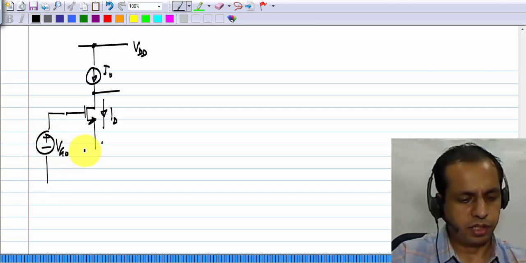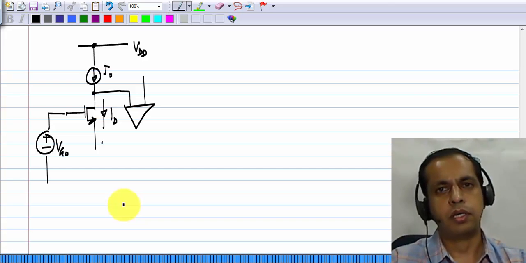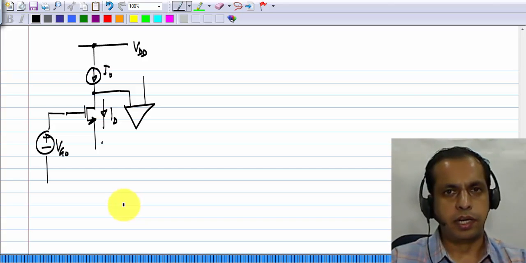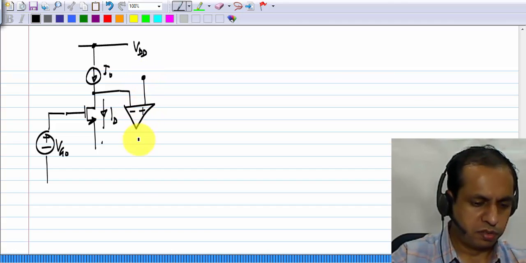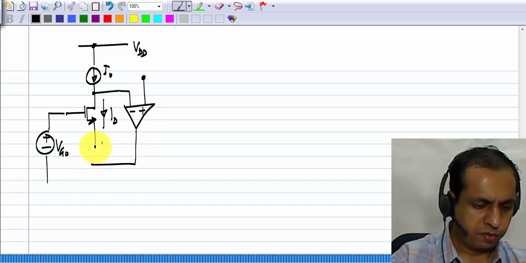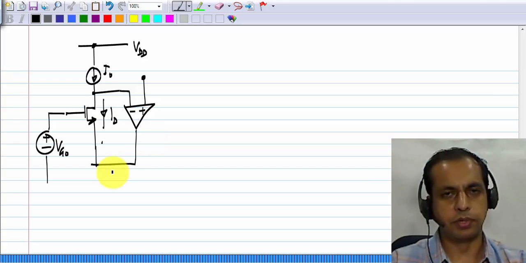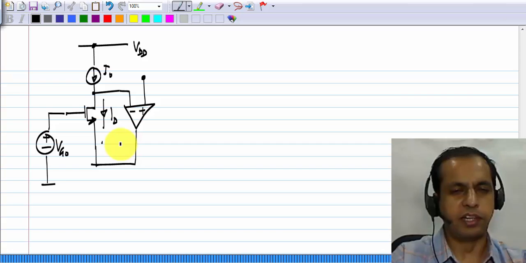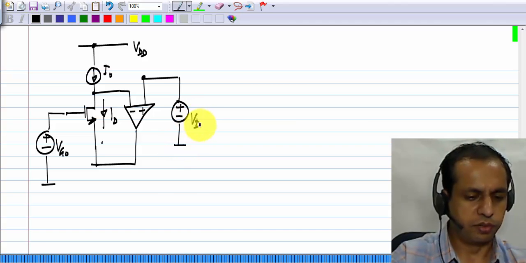We have the gate voltage VG0, and the feedback loop is completed with some block which has a negative incremental gain. I'll use an op amp with this polarity. We saw earlier that this maintains negative feedback around the transistor as well as the op amp, and that's generally the case. Okay, and this point is connected to some fixed voltage. Let me call that VD0.